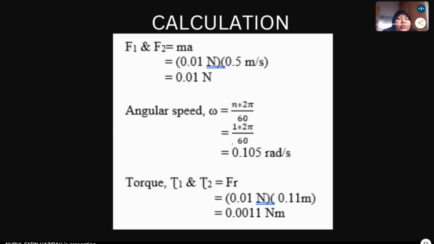The next one is torque. Torque 1 and torque 2 are the same. So we calculate force multiplied with radius, 0.01 Newton multiplied with 0.11 meter. So the answer is 0.0011 Newton meter.